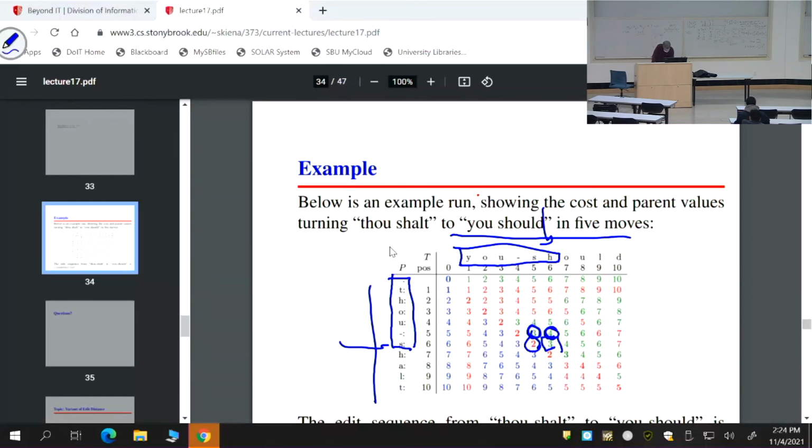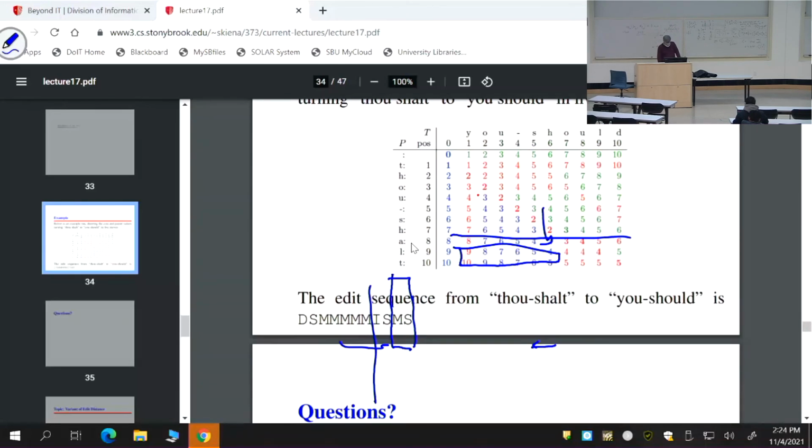So to get to that cell over here, the logical move would have been to come from there. And this is why I'm going to keep track of the parent of each cell, because once I know the parent of each cell, I can later walk back and tell you what the sequence of changes is.